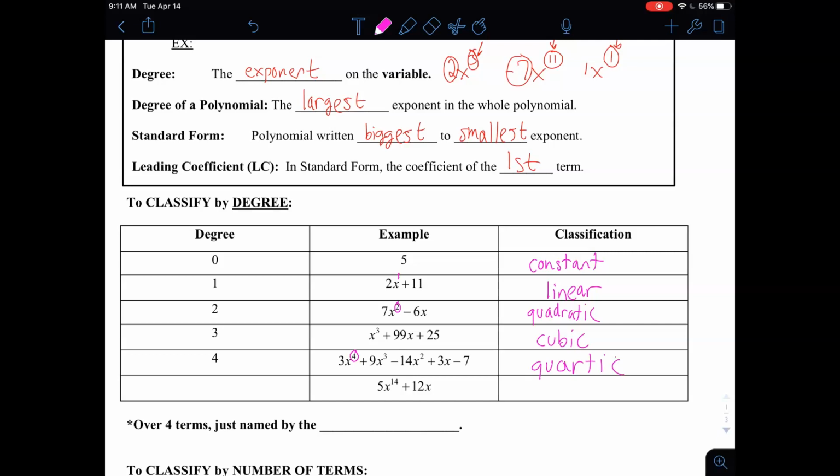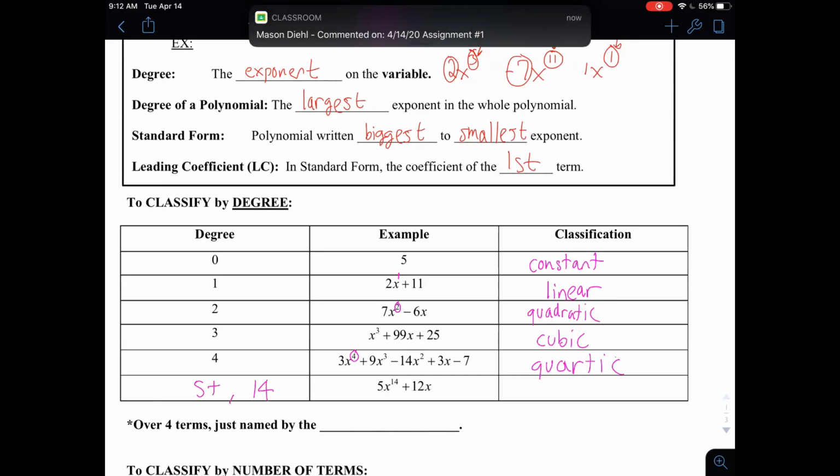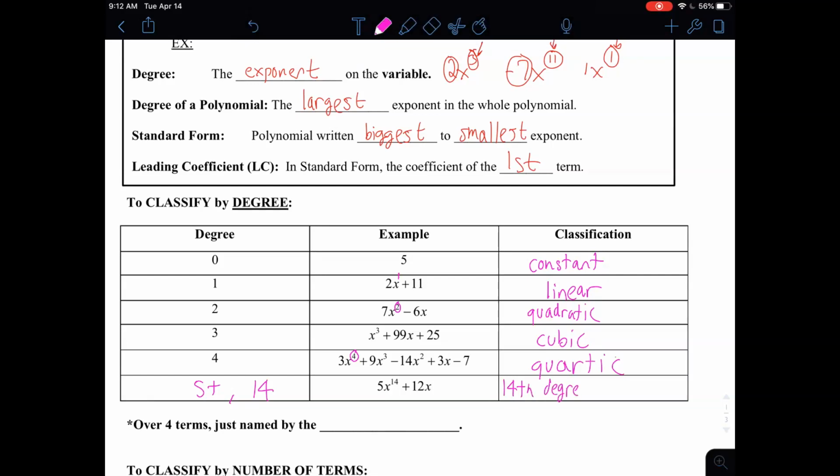All right, and then after 4th degree, mathematicians just got kind of lazy. So anything like 5 plus, or like 14. So basically, this is to the 14th power. That's going to be called a 14th degree polynomial.